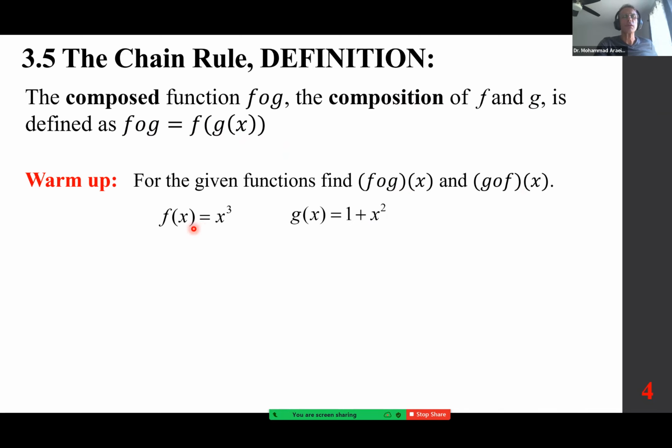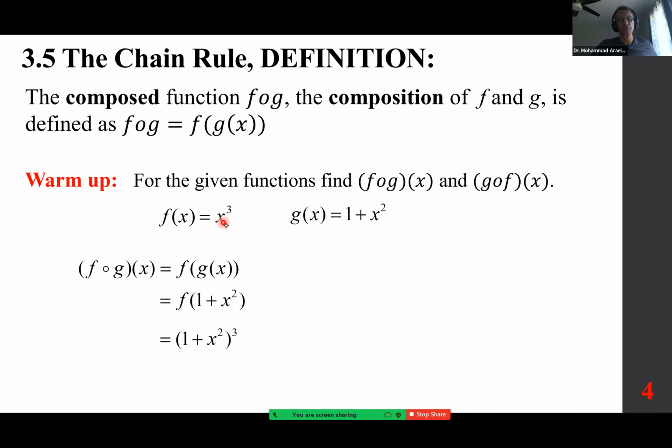So simply put, f of g means replace the x with g. It becomes f of 1 plus x squared, which means in the function f of x, we're going to replace the x with 1 plus x squared. And you don't have to raise it to the third power. If you want to go with g of f, by definition, it means g of f of x.